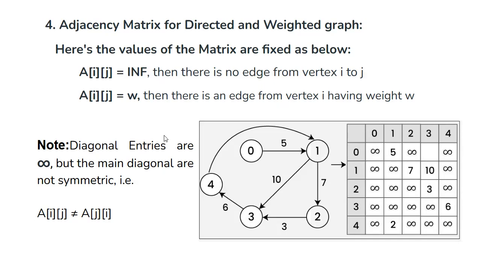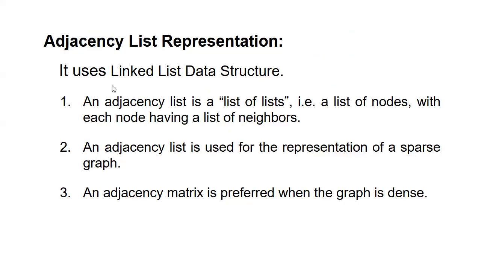Okay. Now we see the next type of graph representation, which is the adjacency list representation. This representation uses the linked list data structure.